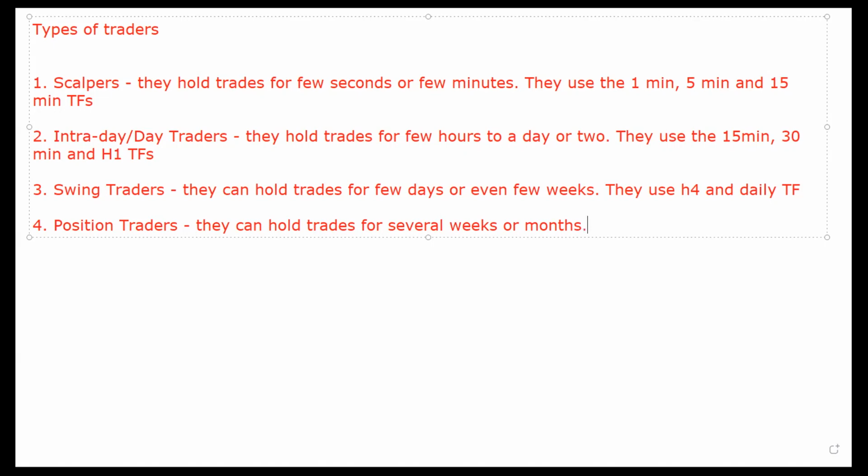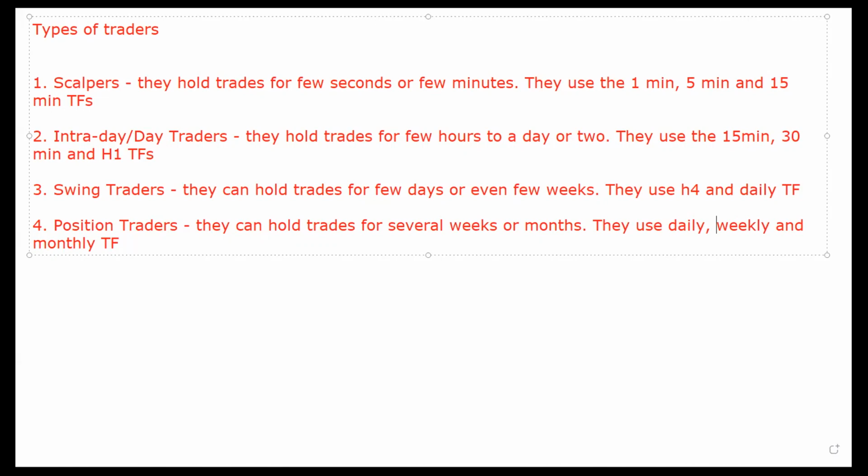Of course you can guess, what time frame do they use? They use the weekly and the monthly time frame majorly. Maybe even the daily. The daily is like their smallest time frame. They can use the daily, weekly, and monthly time frames for their analysis.